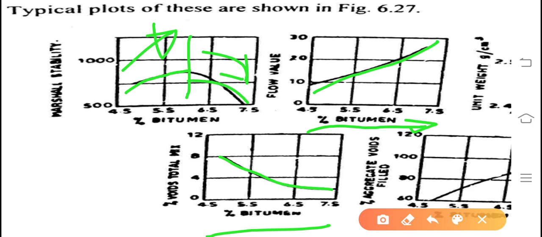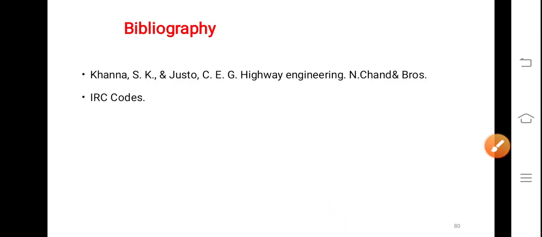Then, similarly, unit weight and other parameters are to be taken and you have to plot the graphs. These are the typical graphs shown. During the practical, you will calculate everything after the test is performed. You will be in a better position to understand how the calculations will be carried out.